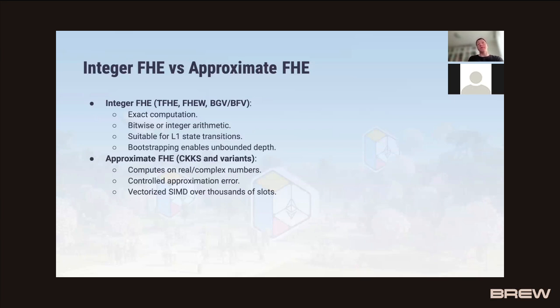If you have these two numbers encrypted by CKKS, then you can do scheme switching to, for example, TFHE, and you can do the comparison there because comparison there is actually more efficient than for CKKS. And then at the end, you can again do scheme switching. So in a way, you can have the best of both worlds.